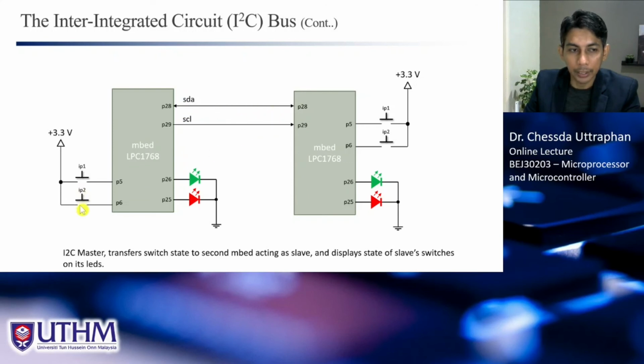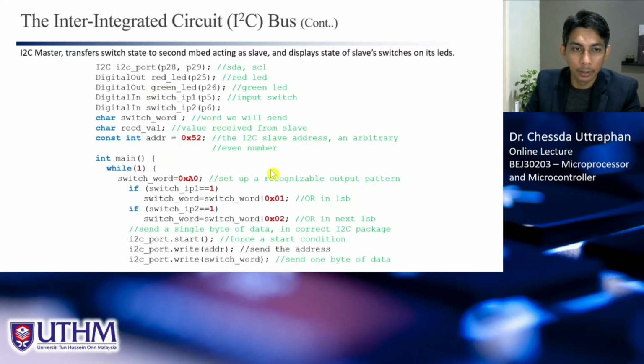And if we press this button, this one will be turned on, for example. So again, we send this condition whether it's off or on through this data line. And this is the example of the program. Look at the program.